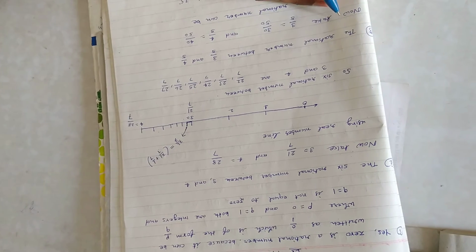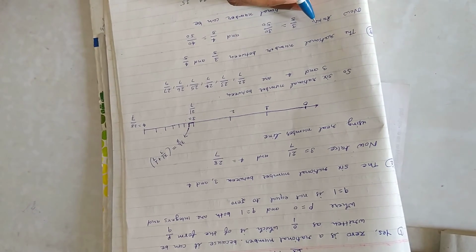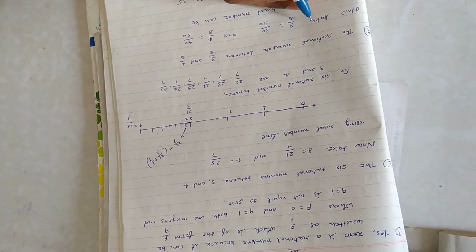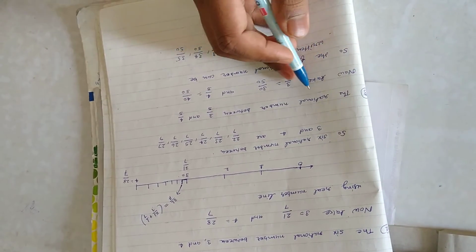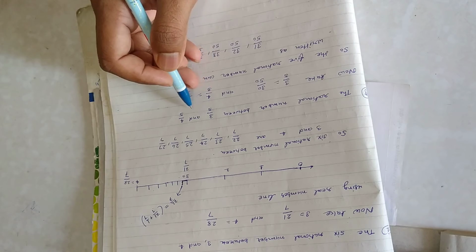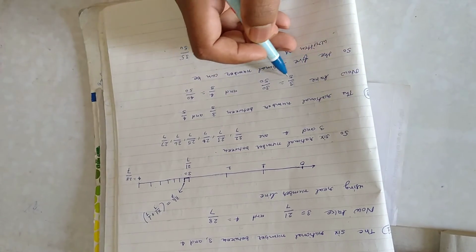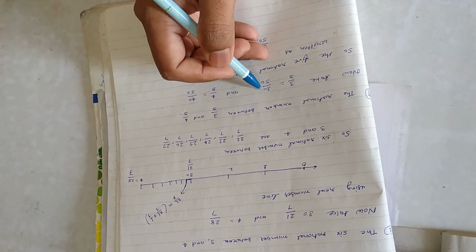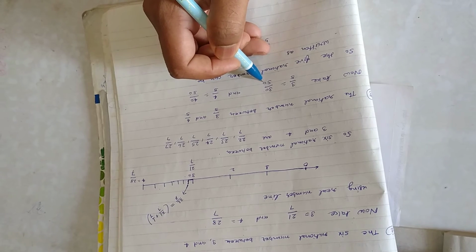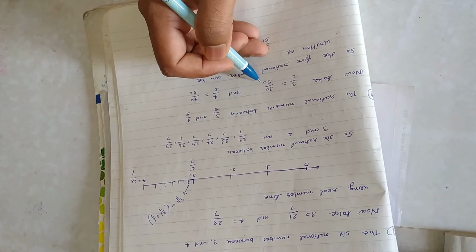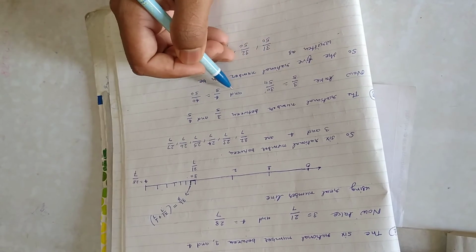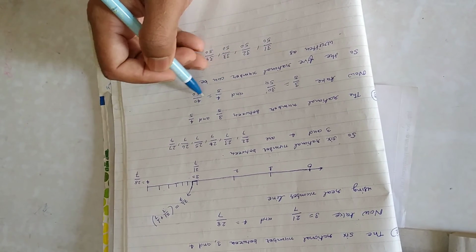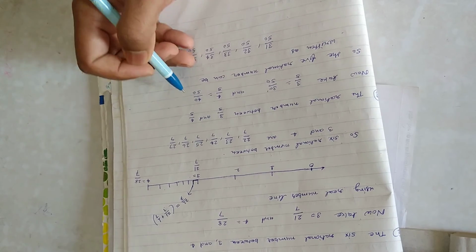Now the next question is, find 5 rational numbers between 3 by 5 and 4 by 5. So the solution is: take 3 by 5 as 30 by 50, by multiplying 10 on both numerator and denominator, and 4 by 5 is also written as 40 by 50.